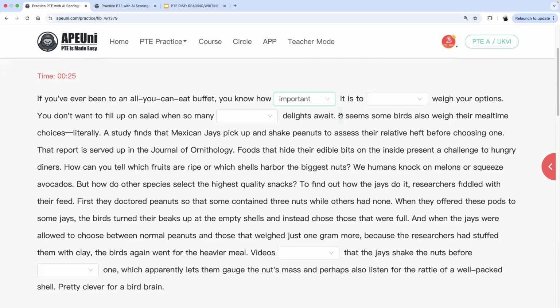The nice word is always right. How important it is to dash weigh. When you weigh something, you weigh it carefully. That's what I'm saying. Go for what your brain says quickly. Okay. So many dash delights await.